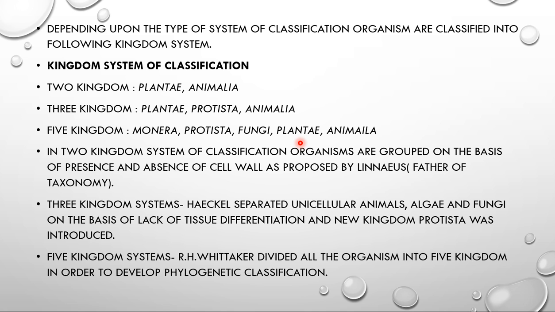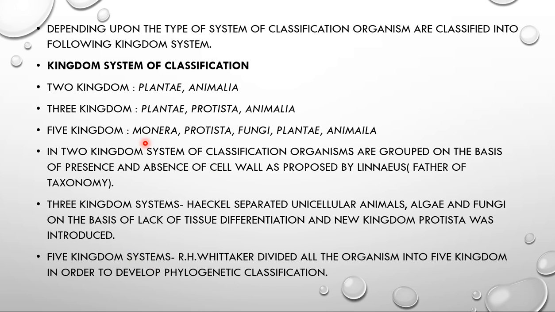If you classify any organism, then you should classify every part of that organism. Am I right? So later on, the scientist Whittaker divided all the organisms into the five kingdom classification in order to follow the phylogenetic classification.